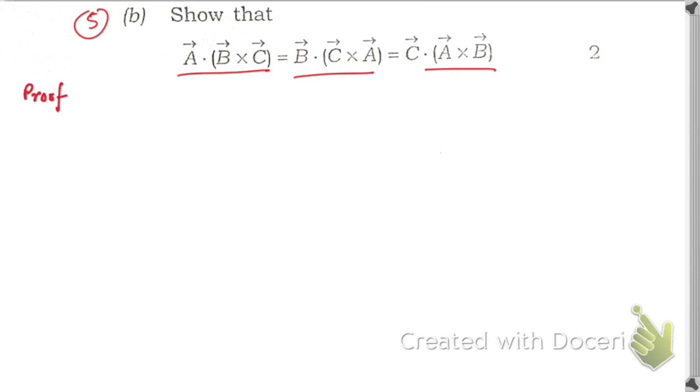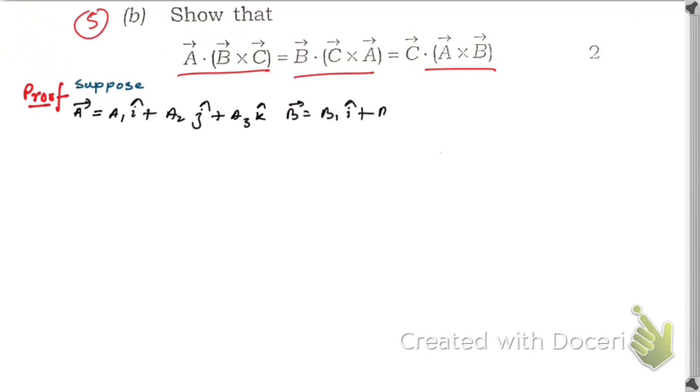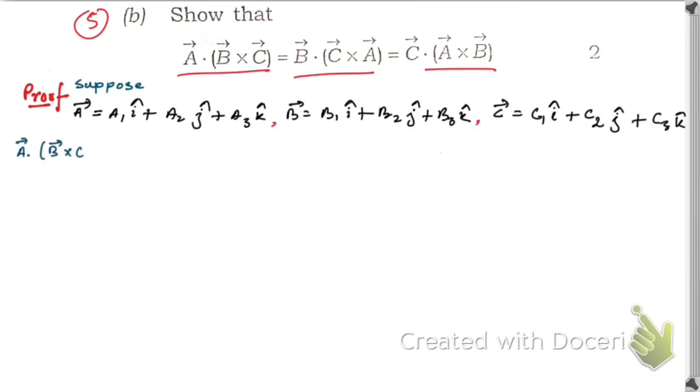So proof. Suppose let us consider vector A is equal to this, and this is vector B, and this is vector C. These are the 3 vectors, right? So how to find a dot b cross c? Using determinant we can find a1, a2, a3, b1, b2, b3 and c1, c2, c3.